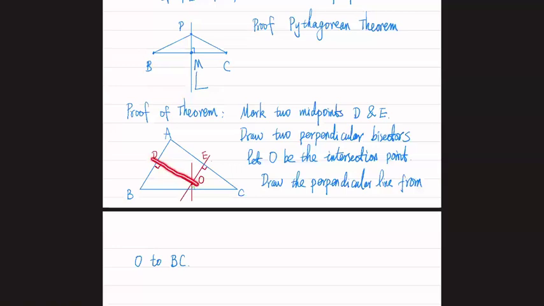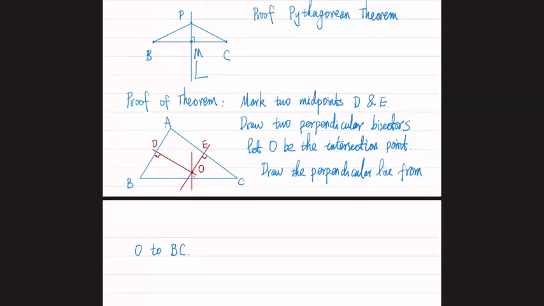Unlike the previous two, which are perpendicular bisectors, at this moment we only know it's perpendicular. We want to check if this is the bisector. Let's mark this point P.